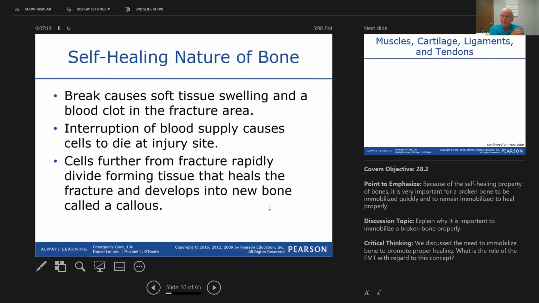And eventually it'll be like a ball of bone around that fracture site, maybe it's a small fracture site. If it's a humerus or femur, it could be a decent size ball of bone, if you will, in that callus. And over time, especially if the fracture occurred when we were younger, the body starts to mold away that ball of bone so it's more in an anatomical shape.